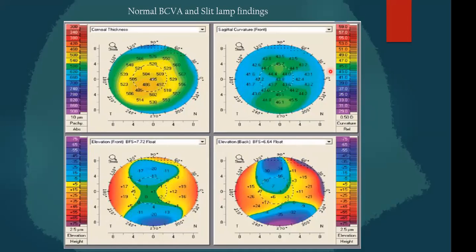What happens in a hyperopic LASIK is that the ablation takes place in the mid periphery, and that's how the power is corrected. So there is a relative steepening of this central cornea, and that is what represents a hyperopic LASIK.